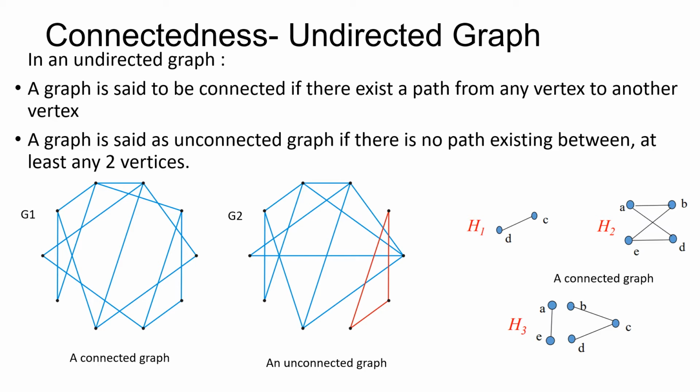So graph G2 is considered to be an unconnected graph, while graph G1 is a connected graph. In the other examples, the graph H1 and H2 is an example for connected graph, while the graph H3 is an example for the unconnected graph.